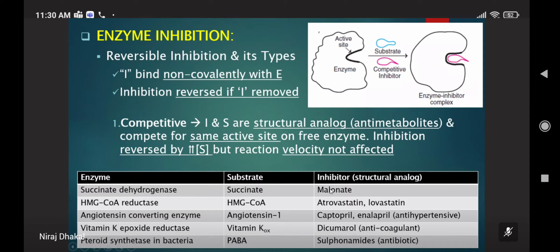So if the succinate dehydrogenase binds malonate, then it will not convert it into product. Another is HMG coenzyme A reductase, that is involved in the cholesterol biosynthesis. Substrate is HMG coenzyme A. The inhibitors or the structural analogs are atorvastatin, lovastatin. These are the statin drugs which are used to reduce the level of cholesterol in blood.